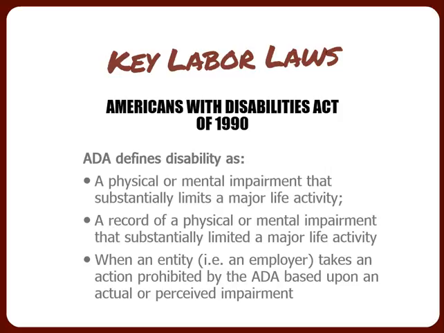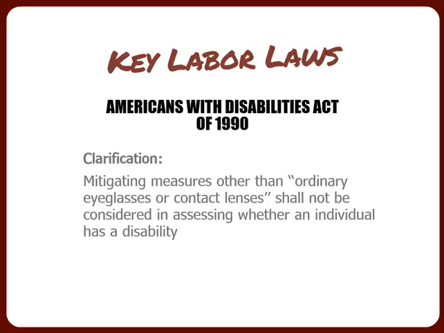So we have to be careful that we don't act upon any sort of actual or perceived impairment. And we have to make a clarification here. Mitigating measures other than ordinary eyeglasses or contact lenses shall not be considered in assessing whether an individual has a disability.